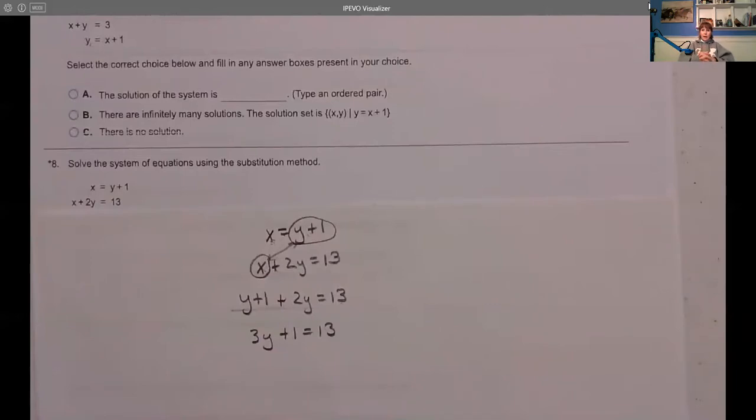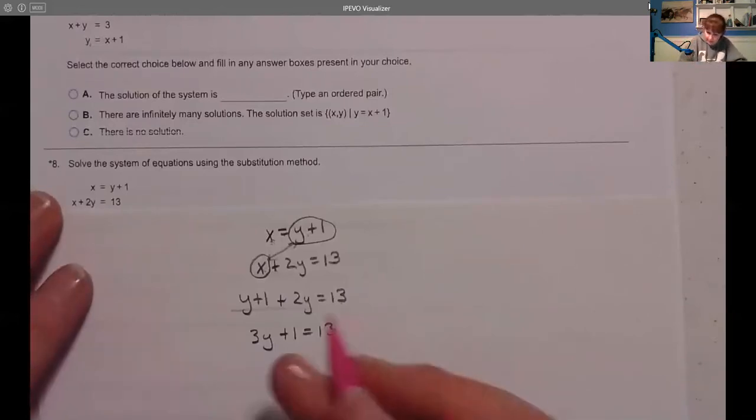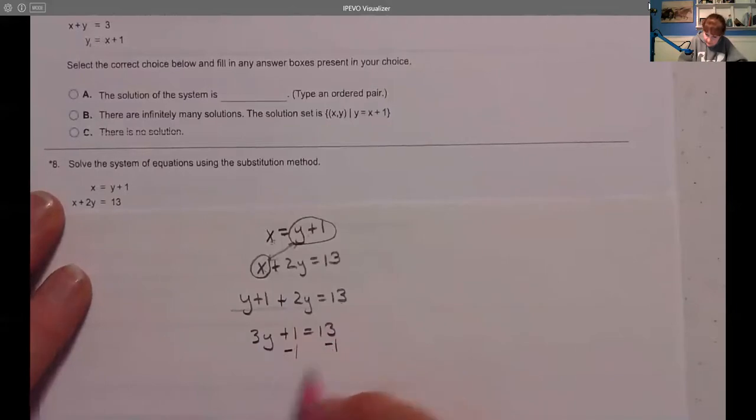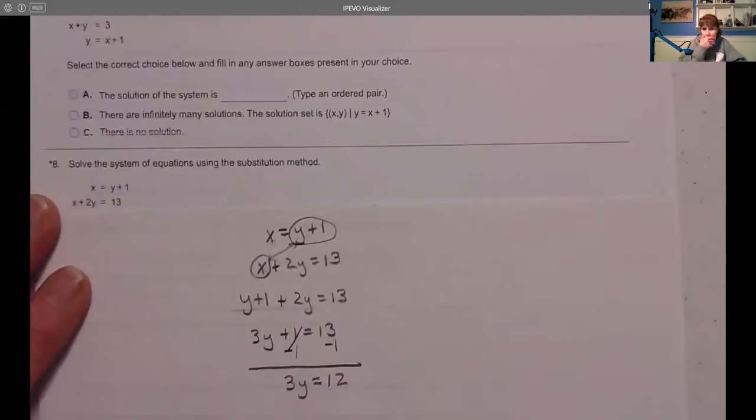So now that we have both the left and the right simplified, I need to get the y by itself. So I'm going to go ahead and subtract the 1. Oh, these are nice whole numbers. And then divide by 3.